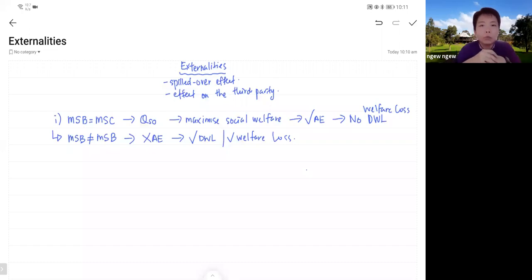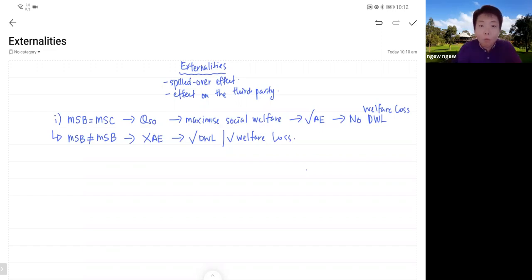So externality is one of the market failures. We call it the failure of the market economy, or the failure of the price mechanism, or the failure of the private sector without taking into account the impact of certain actions on the third party. Therefore, the definition for externality is, first of all, that externality refers to spillover effect.